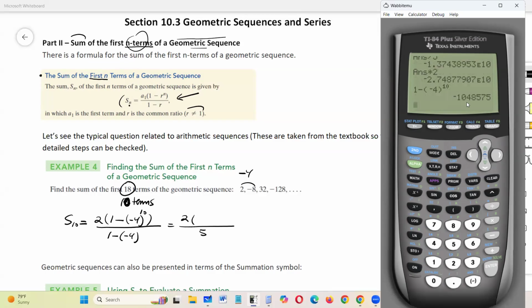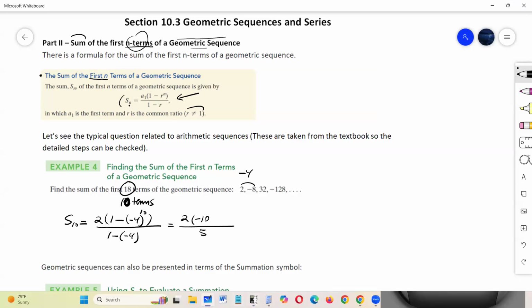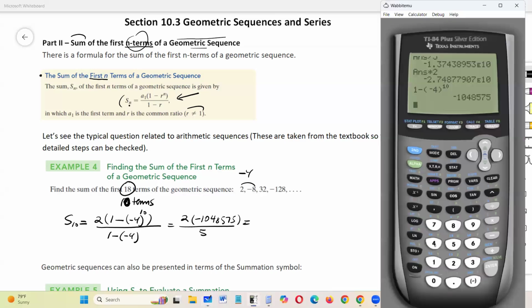Perfect. It gave you this answer, and all I have to do now is divide by 5. So I'm going to write this thing here. This is minus 1,048,575. The calculator can do this no problem because we don't get into the issue of exponential forms, scientific notation, which is a problem, when I multiply by 2 and divide by 5.